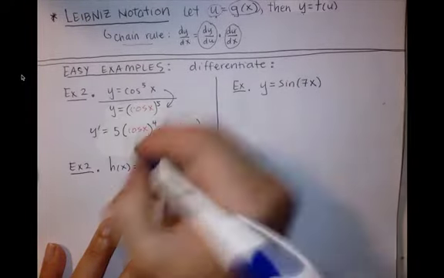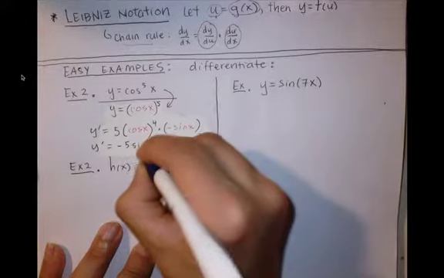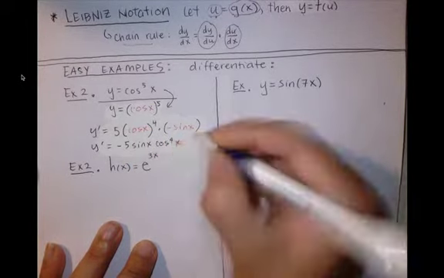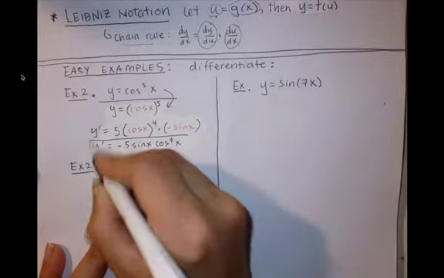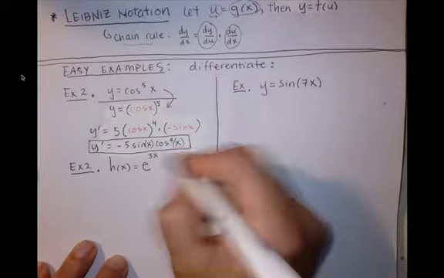Okay, if I clean this up a little bit, I get y prime is equal to negative 5 sine x cosine x to the 4th. In WebAssign, make sure to use parentheses around your inputs.